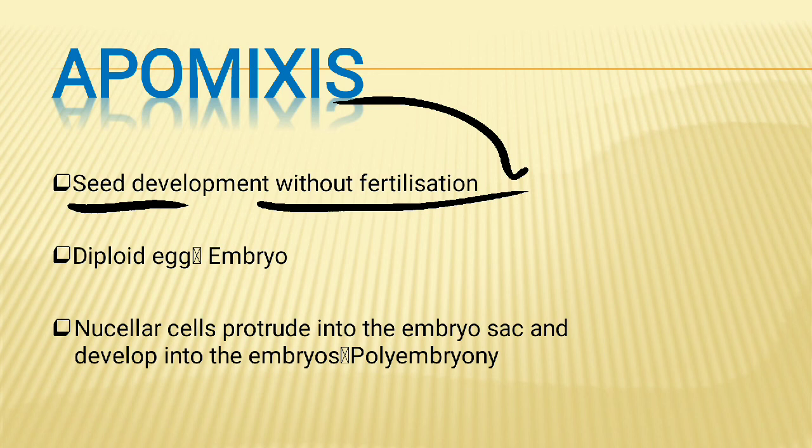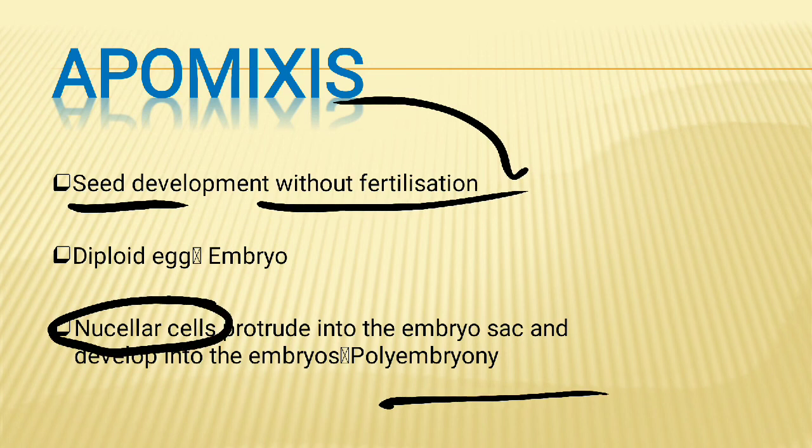Next, there is a concept called polyembryony. We know a single ovule produces a single embryo. Sometimes there is formation of many embryos within the ovule. That condition is called polyembryony. How is it formed?